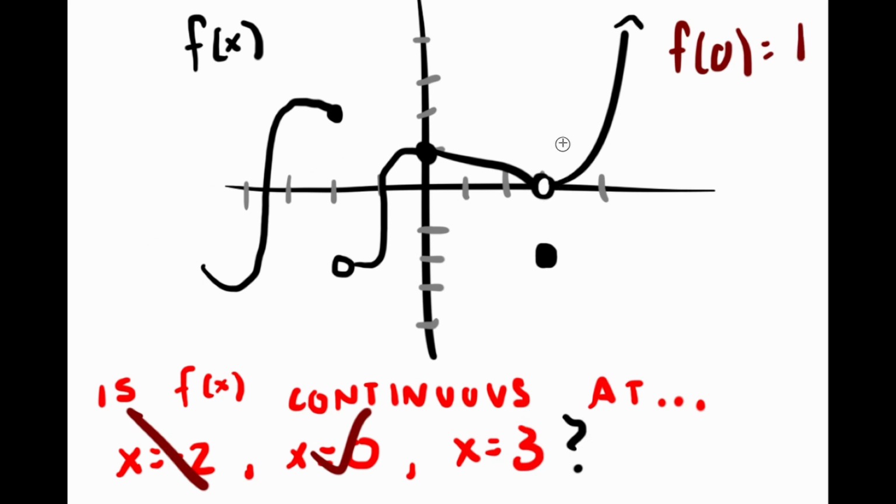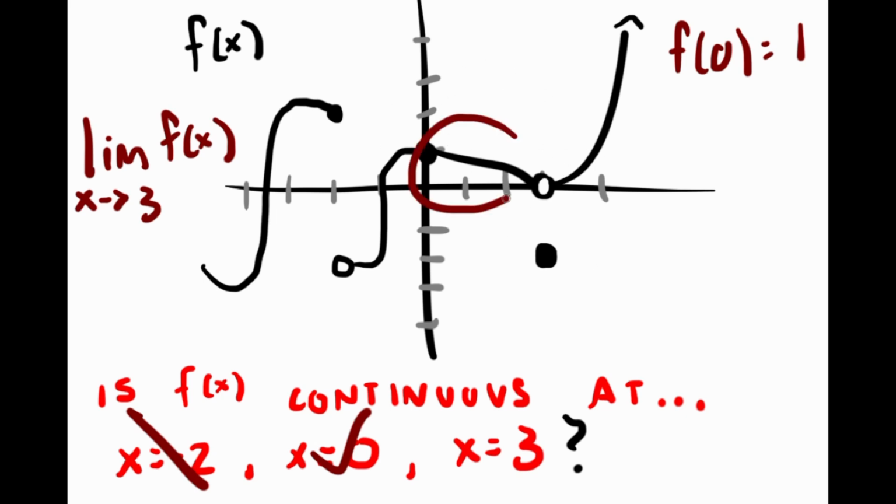Now let's take a look at x equals 3. The limit as x approaches 3 of f of x, what is that going to be equal to? We see from both the left-hand side and the right-hand side that it does approach 0, but we see that this is an open circle, and thus it is not defined there.